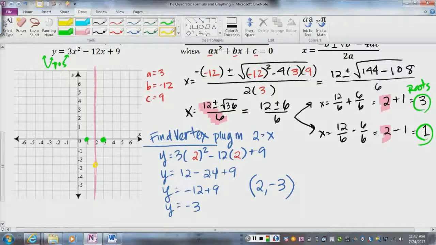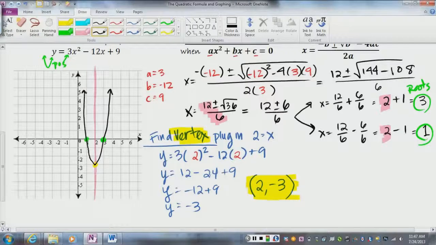Which puts my vertex right there. With this information, my vertex and my two roots, I can sketch my parabola. And that is what it would look like.